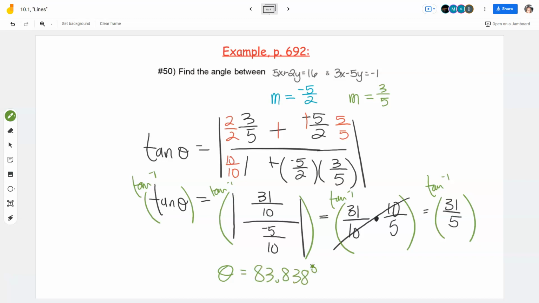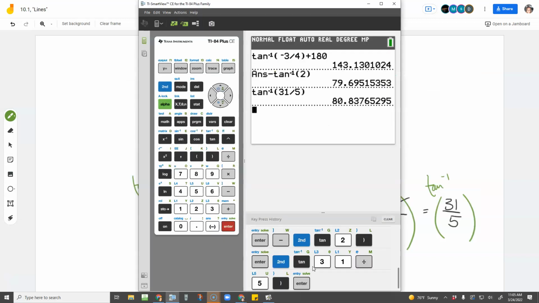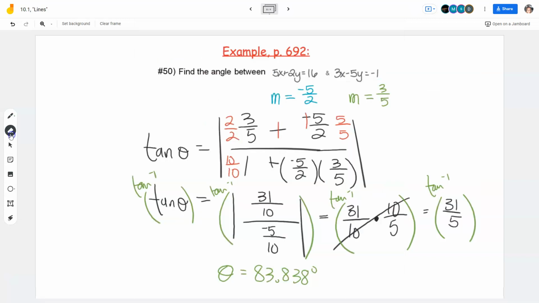I think I just rounded that wrong. Double check my math. Let me know if you see something that's wrong.